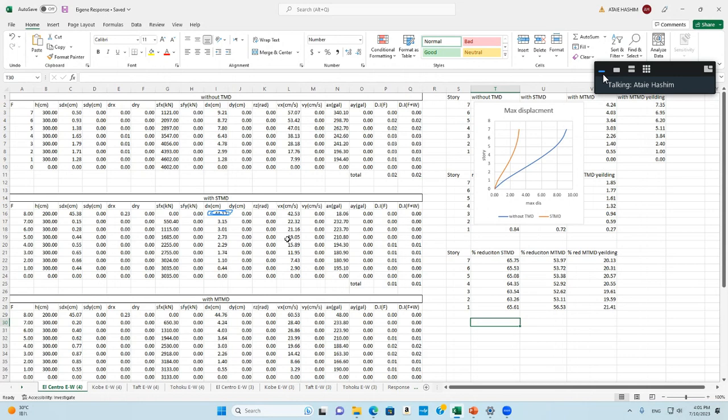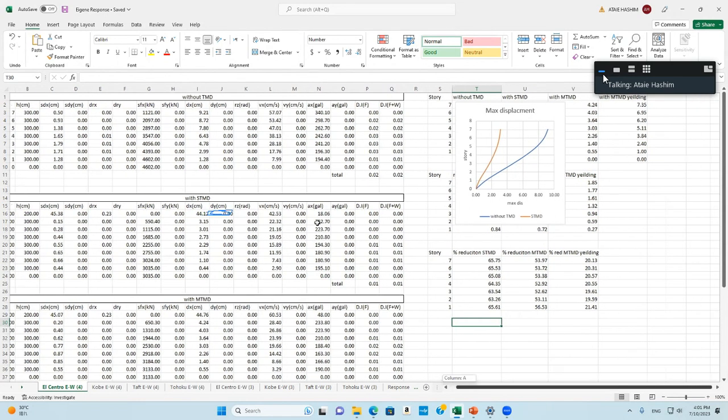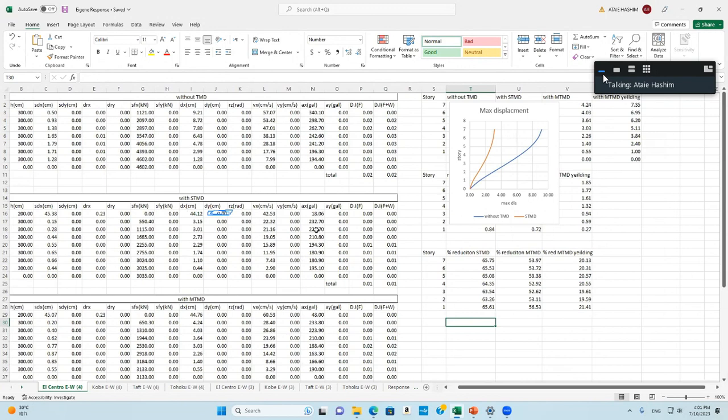But for example, in the acceleration, it is maybe not so big. Yeah, that's okay, but it is possible that under El Centro, the TMD just gets 80 gal acceleration.